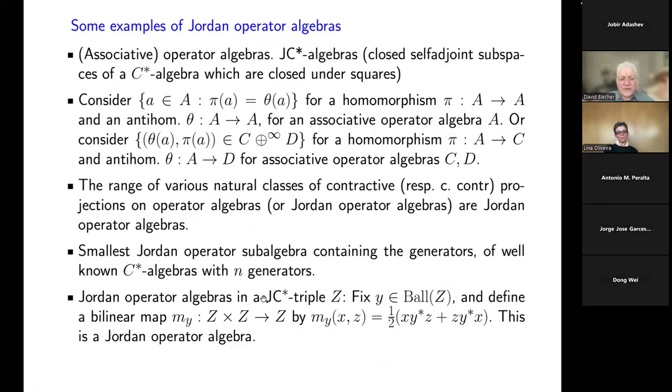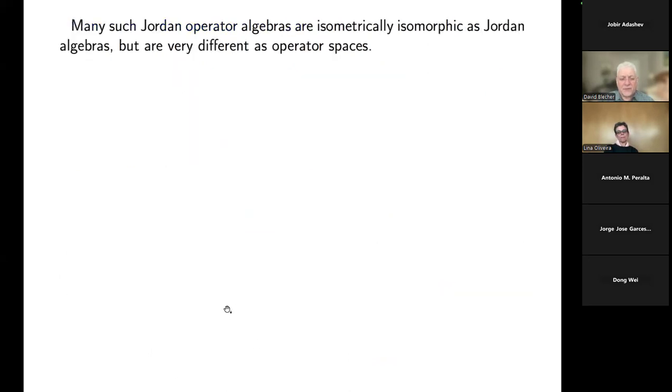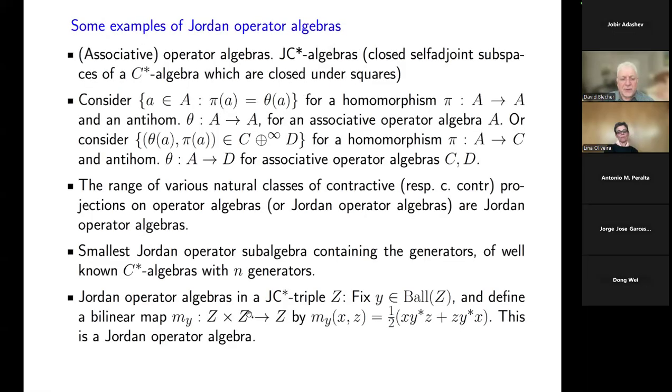On this slide, I just compiled a list of examples. The first class, of course, are regular operator algebras. Then I mentioned the JC star algebras, which are closed self-adjoint subspaces of C star algebras closed under squares.